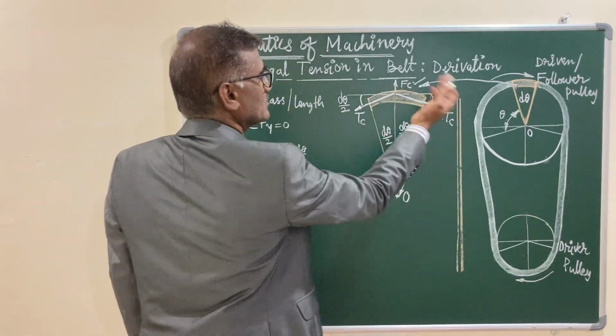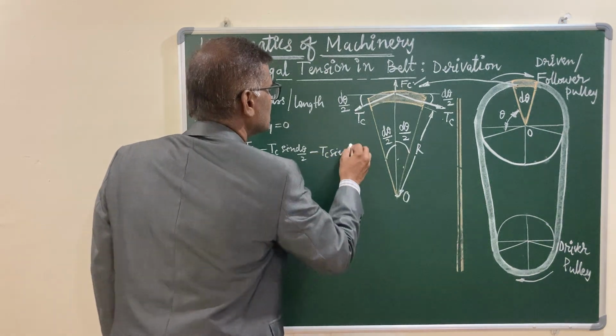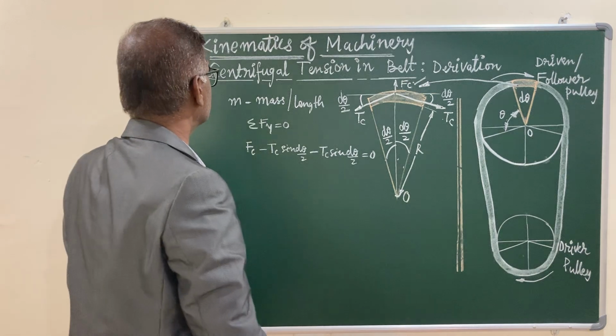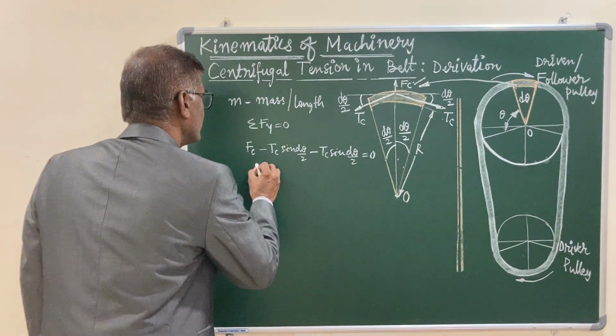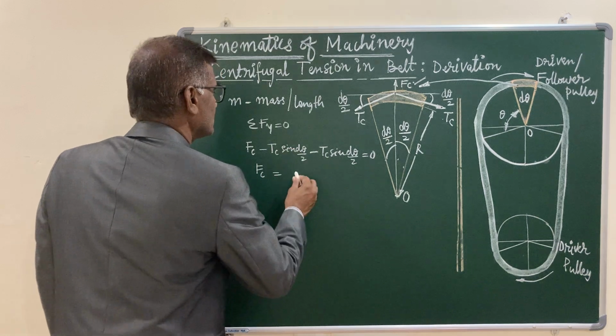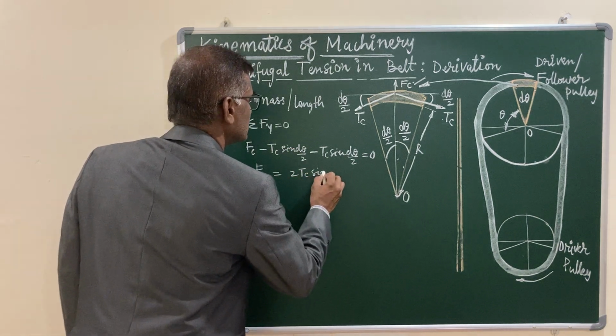You have right side also, that is Tc sine d theta by 2, is equal to 0. This is your sigma Fy, and further simplifying, you have Fc is equal to 2 Tc sine d theta by 2.